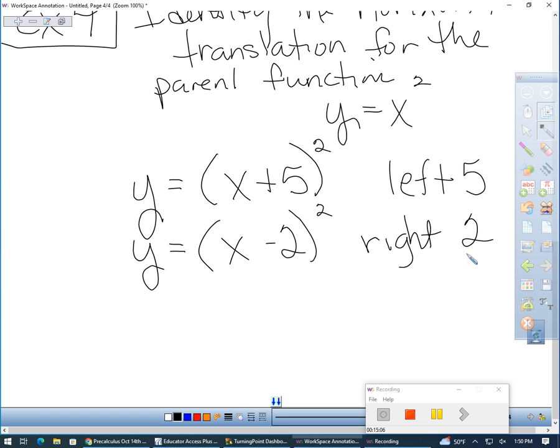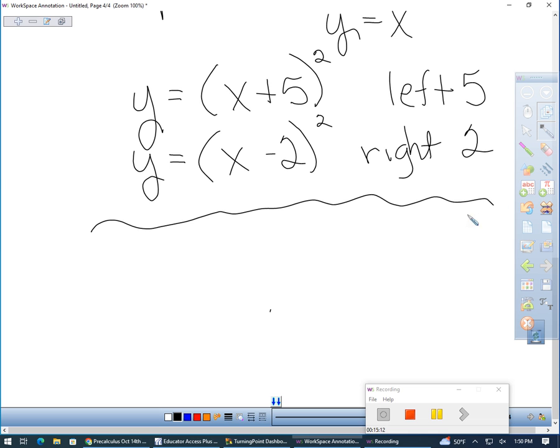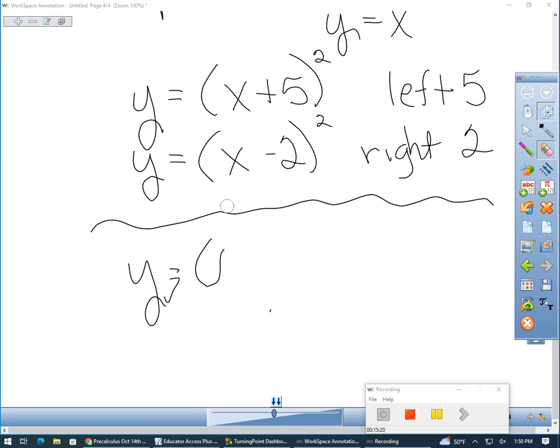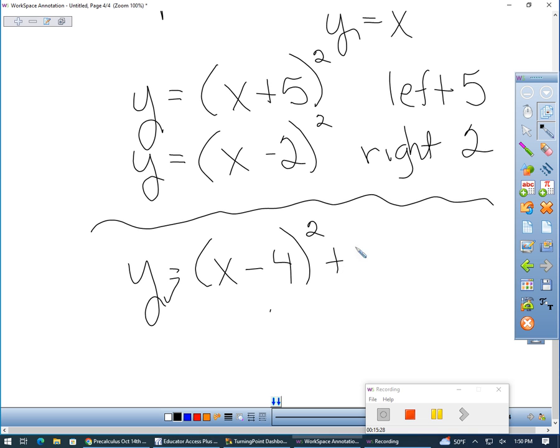All right. So now this is an extra little bonus. What if I said y equals x minus 4 squared plus 3? So start here.